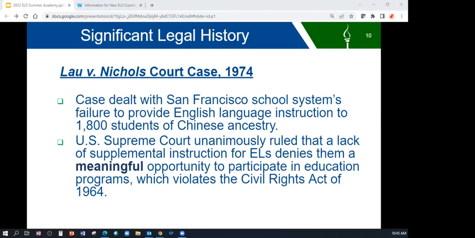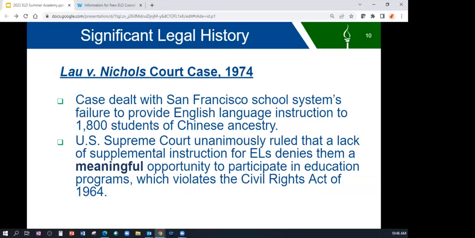So they took it to the next level, the Supreme Court. And in the Supreme Court, it was ruled unanimously that they were not treating the students fairly, and they were not giving them equitable access to education.